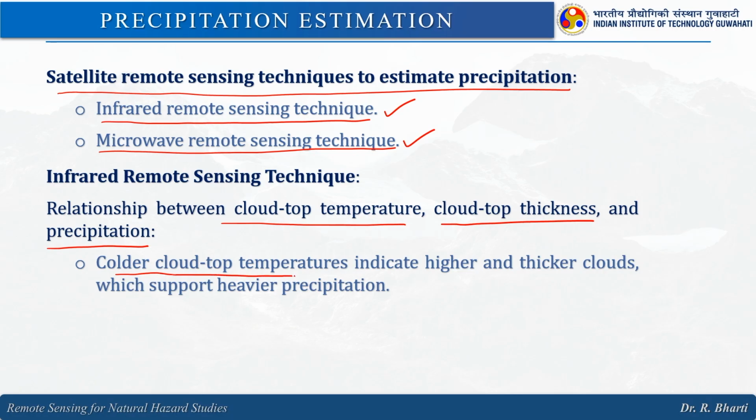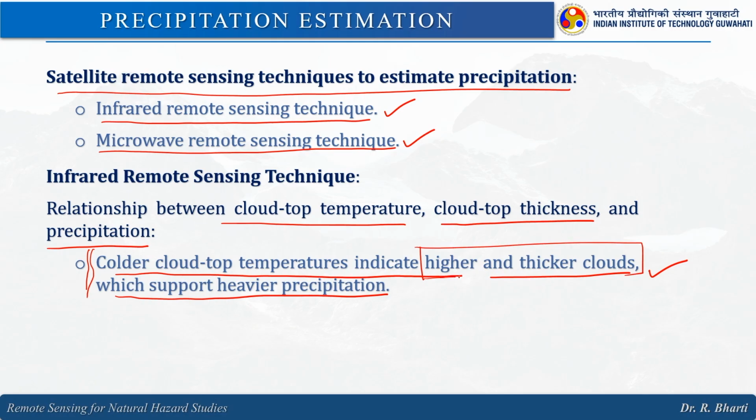Colder cloud top temperature indicates higher and thicker clouds, which supports heavier precipitation. Now here you can see, based on the observation we have come up with this particular statement: colder cloud top temperature indicates higher and thicker clouds, and higher and thicker clouds will support heavier precipitation.